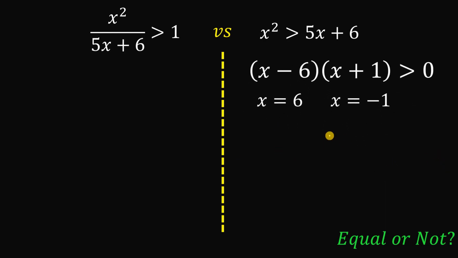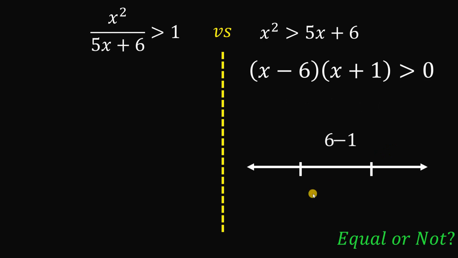And if we draw a number line, we can put 6 and negative 1 in our number line because those are our critical points. So let's arrange this from least to greatest. So we have negative 1 and 6. Now, negative 1 and 6 are not counted in our solution because if we plug in negative 1, this expression equals 0, and we want greater than 0, not equal to 0.